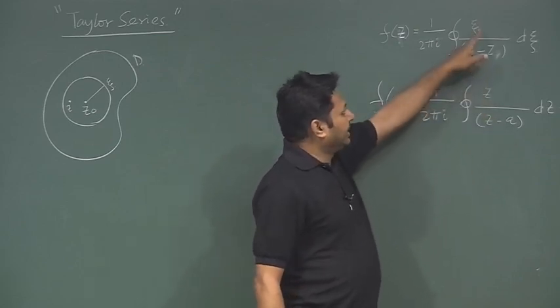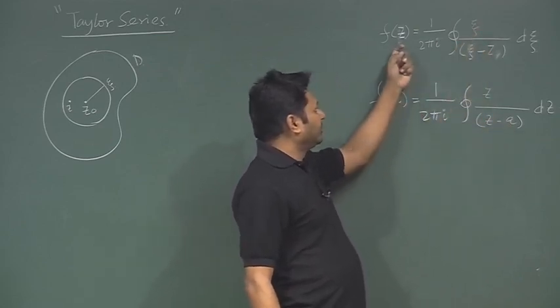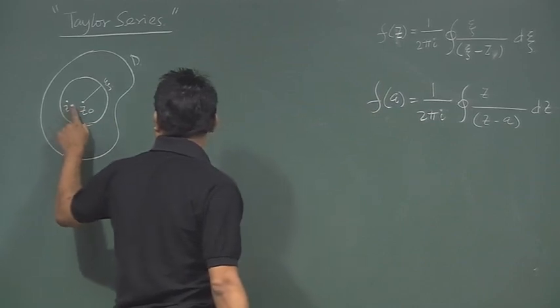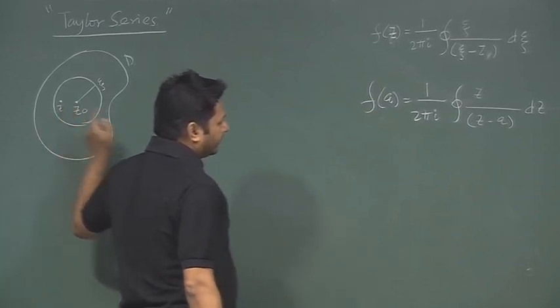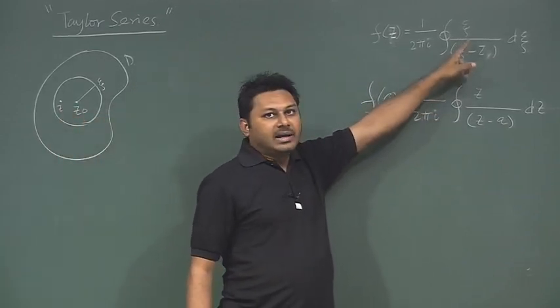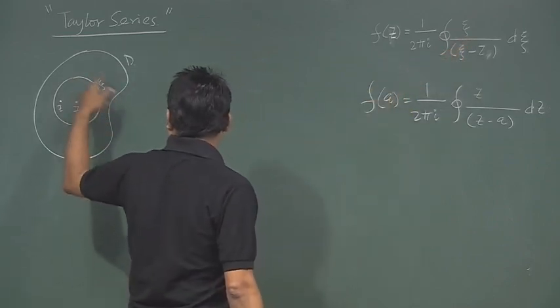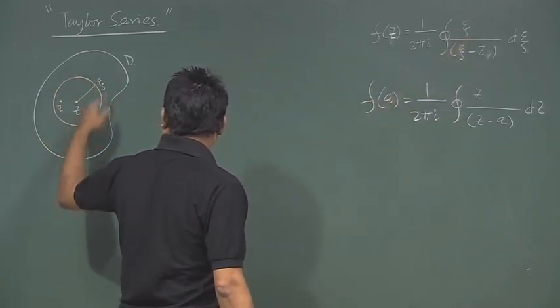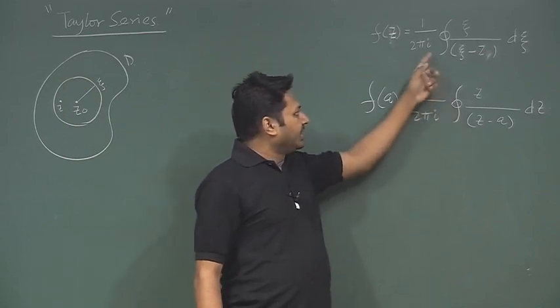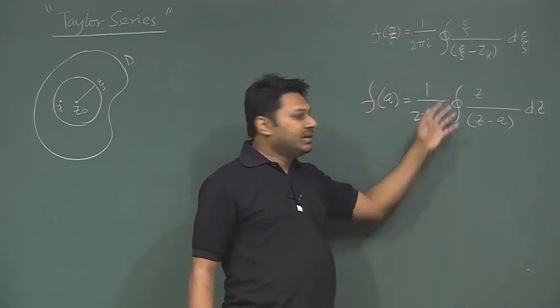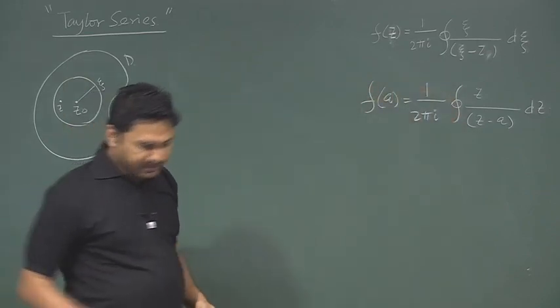This z I just changed to xi and this a I changed to z. So, z is the point where I try to find out the value of the function, and xi is on the region having a circle, say, and I just change that. So the thing is not going to change, it is the same.